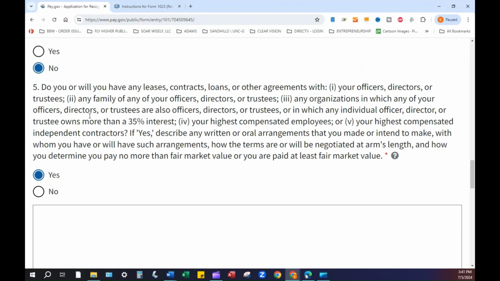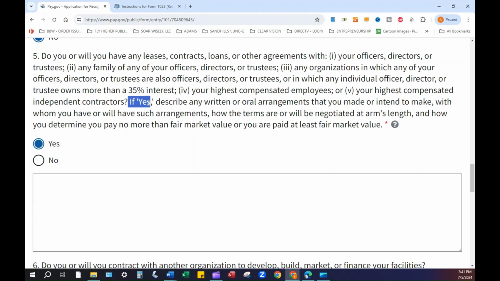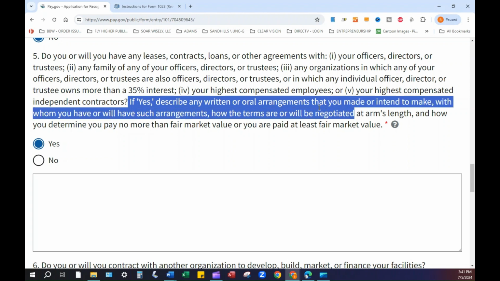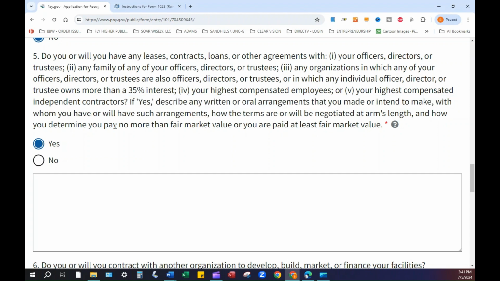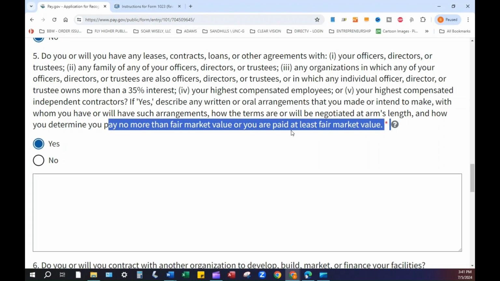And I hate to do this to you, but we're going to do that in the next video because this is quite lengthy. Because we're answering yes, we need to describe any written or oral agreements, or excuse me, arrangements that you made or intend to make, with whom you have or will have such arrangements, how the terms are or will be negotiated at arm's length, and how you determine you pay no more than fair market value, or you are paid at least fair market value.